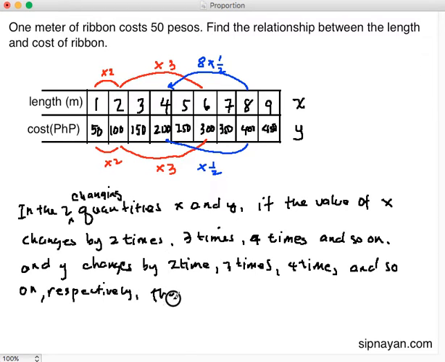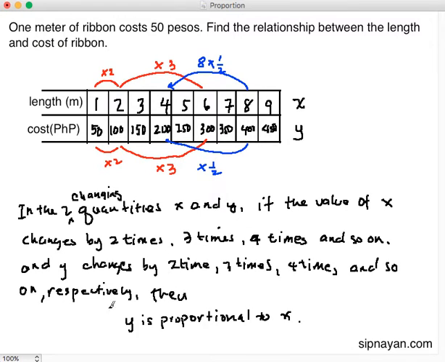Then we say that y is proportional to x. Now, sinasabi lang natin na proportional, pero we are actually referring to direct proportion kasi meron tayong inverse proportion. So here we are talking about direct proportion, no?